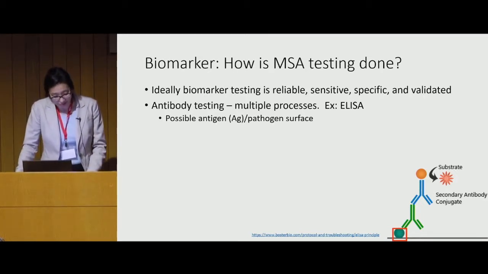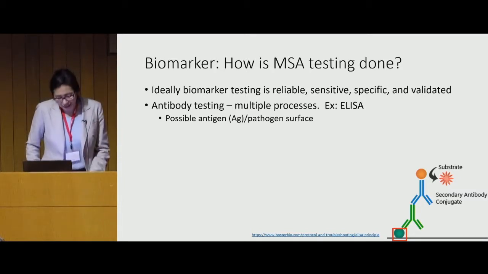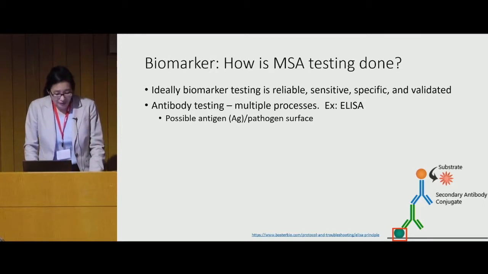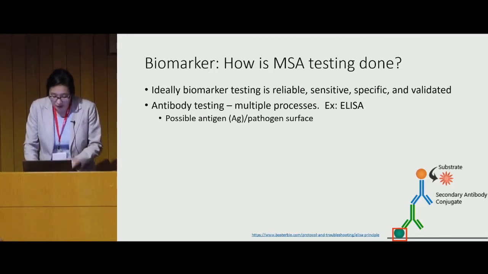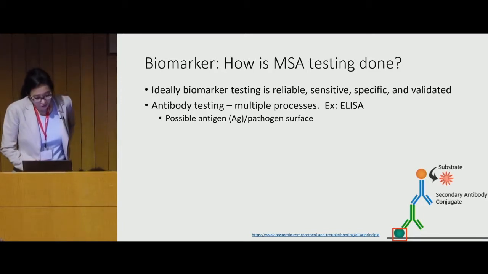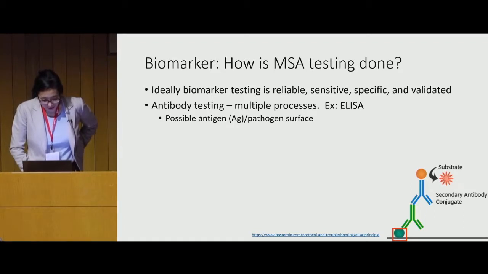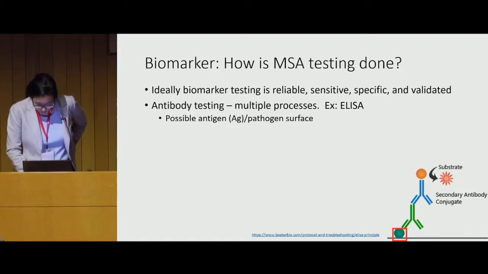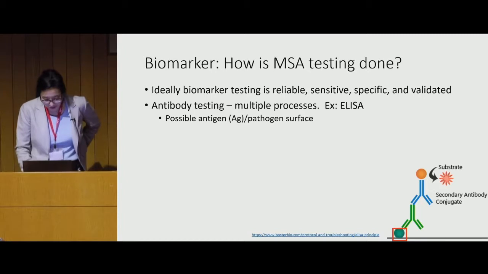And so we've heard there are many different ways to do this type of antibody testing. I just included a graphic of an example of one type called an ELISA. So if we knew the antigen or protein that we wanted to check for an antibody against, in this graphic, the antigen is attached to the surface.